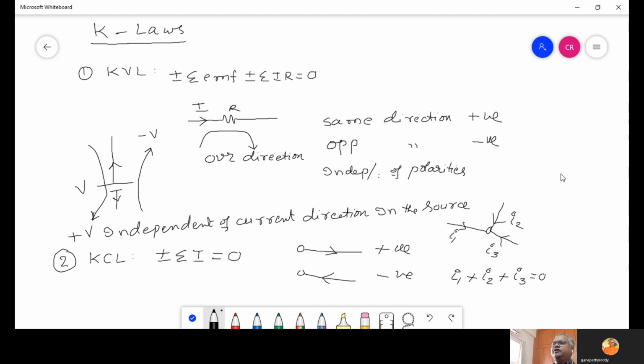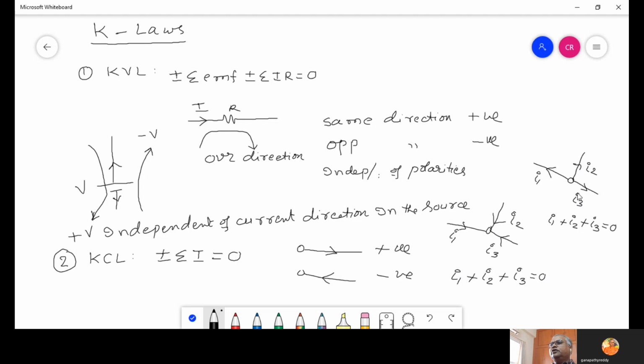We can also take it another way. All three currents are leaving, I1, I2 and I3. If all three are leaving, the sum of the currents leaving is also 0. So in this also I1 plus I2 plus I3 equal to 0.